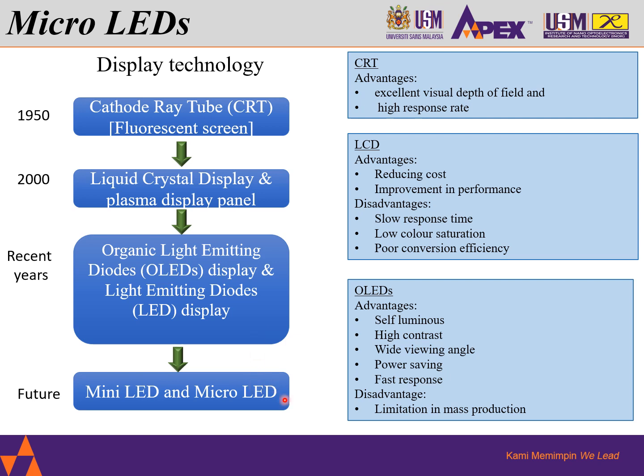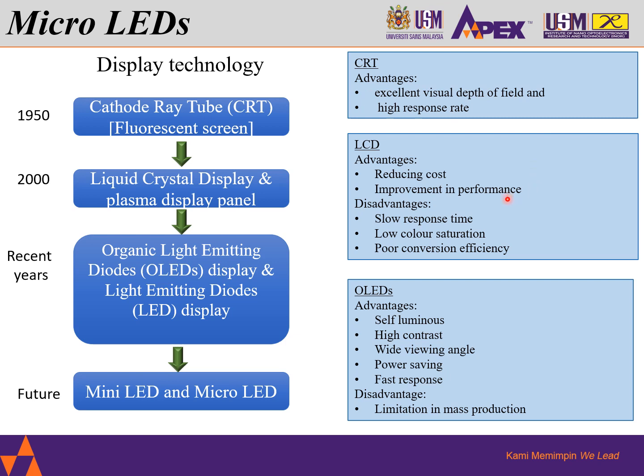However, if you notice now, actually we have mass production, I think by LG, that uses micro LED, which is quite interesting. So the difference between these kinds of technologies: CRT has an excellent visual depth and feel, and also a higher response rate. For LCD, the advantages are it can reduce costs and improve performance significantly compared with CRT for sure.